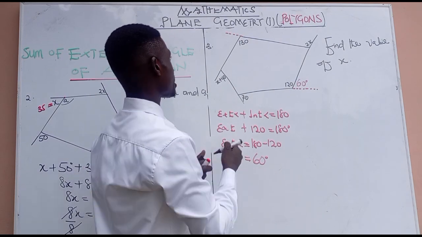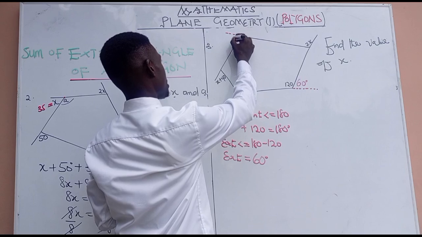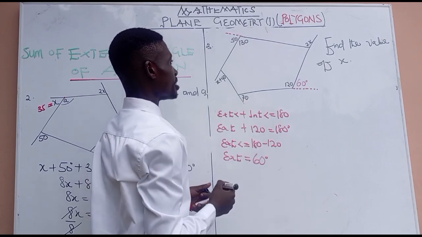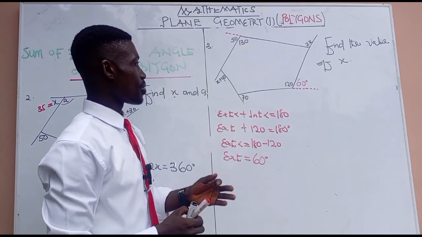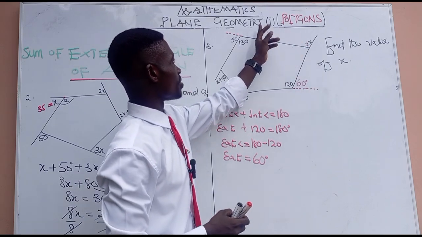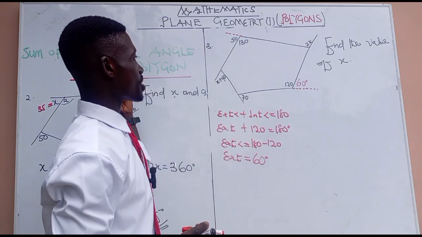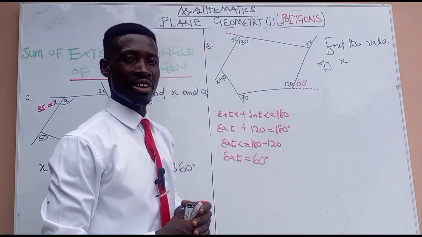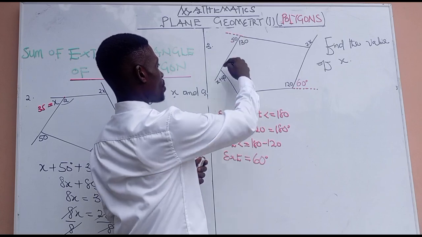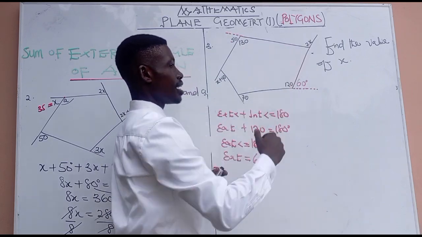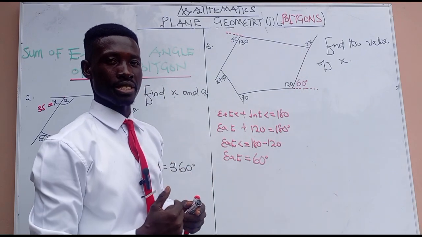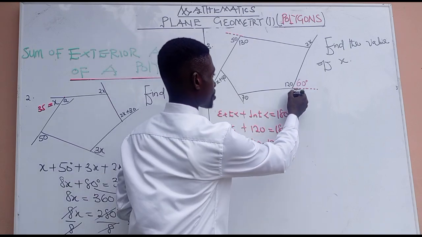Good. I guess you are saying it is 50. So this angle is 50 degrees. Now that we know all the exterior angles of this polygon, we can use the sum of exterior angles to find the value of x by summing all the exterior angles together and equating it to 360 degrees. So let's do that.